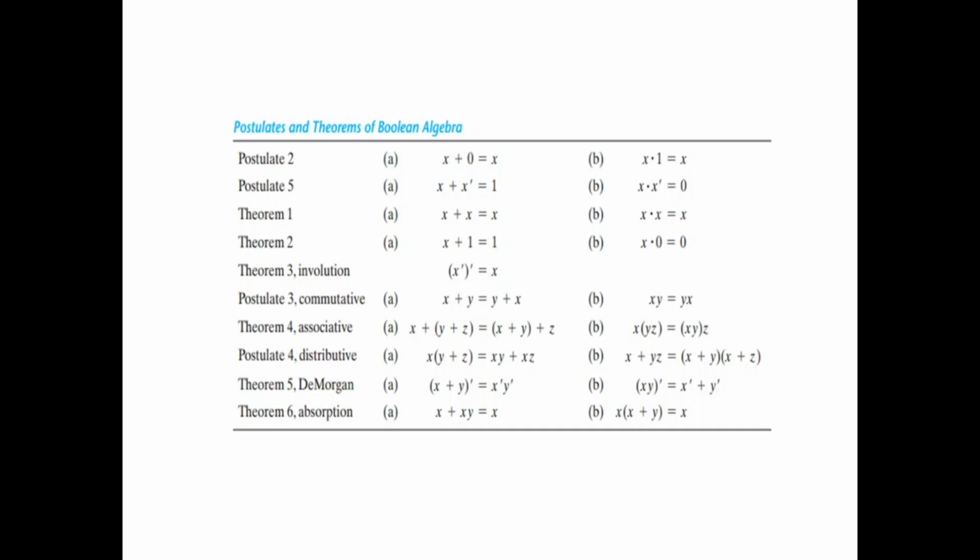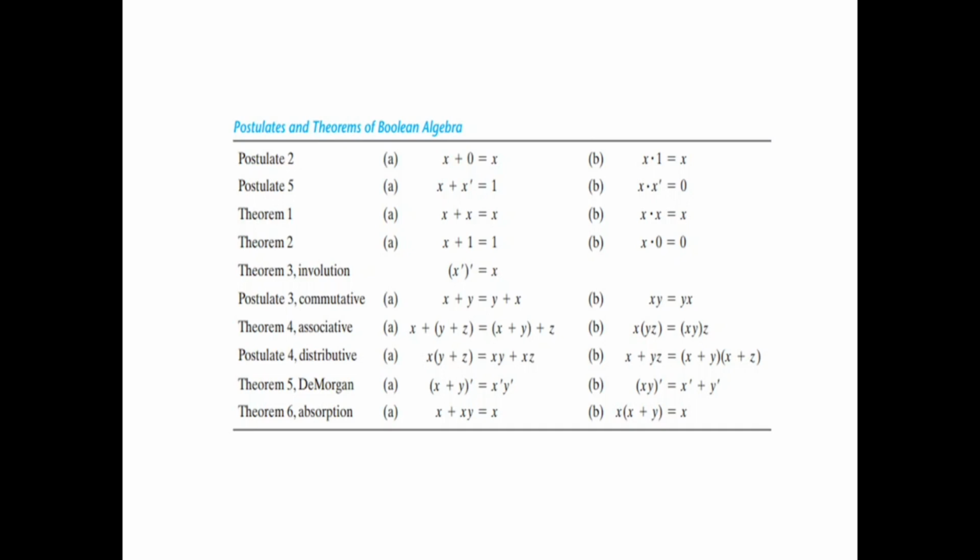Theorem 2A is x plus 1 is equal to 1, and 2B is x dot 0 equal to 0. And theorem 3 is involution, that is x dash whole dash is equal to x. The complement gets cancelled, so we can say x dash the whole dash is equal to x. And postulate number 3 is commutative: 3a is x plus y equal to y plus x, and b is xy equal to yx.